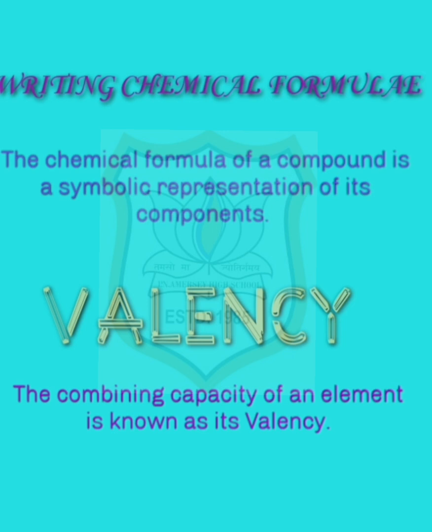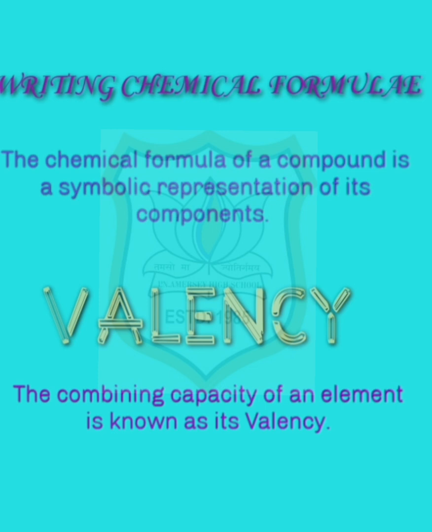The chemical formula of a compound is a symbolic representation of its composition. The chemical formulae of different compounds can be written easily. For this exercise, we need to learn the symbols and combining capacity of the elements.